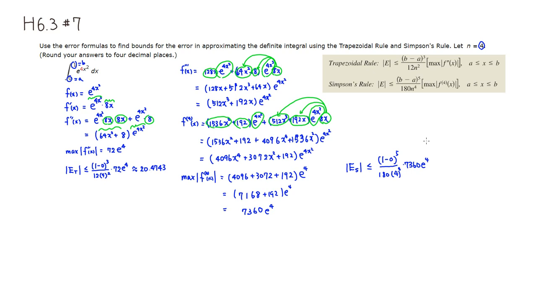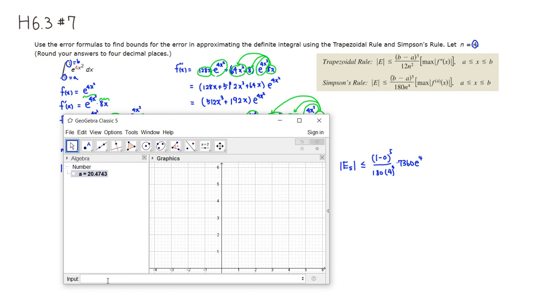Alright, so let's bring out the GeoGebra. We have 7360 times e to the 4th power divided by 180 times 4 squared. Alright, hit enter.